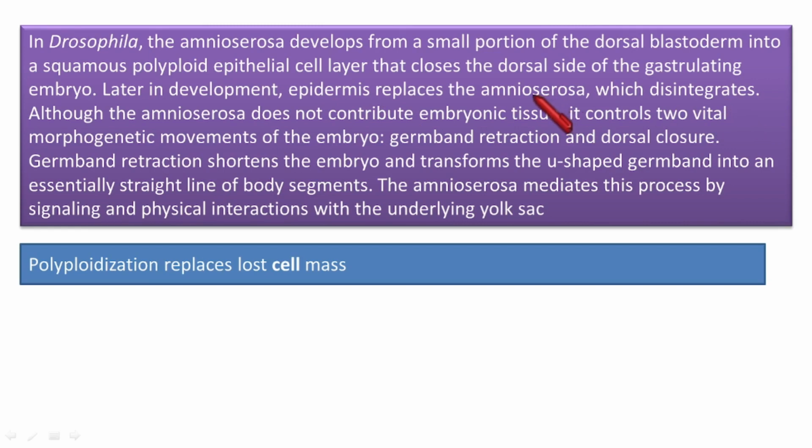Then what is the role? It controls two vital morphogenetic movements of the embryo: germ band retraction and the closure of the dorsal side with the epidermis. What germ band retraction is, we will see in the coming portion of this video. Okay.